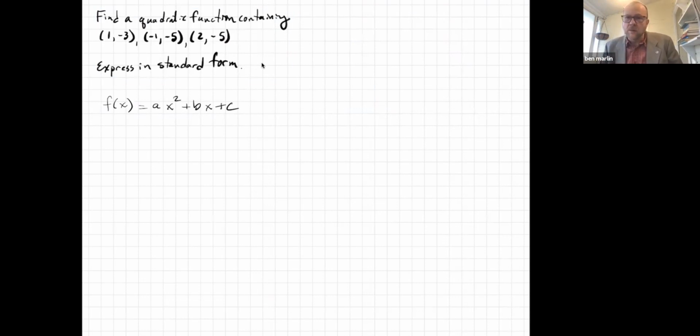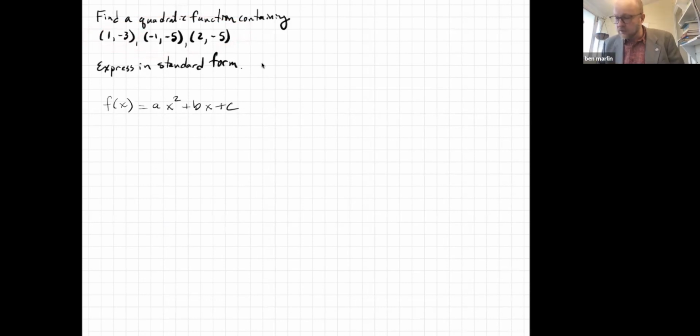Now, we know that we need to have those 3 points up there to be on the graph of this function. So that means that when we plug in x equals 1, we want to turn out to get the y value to be -3.